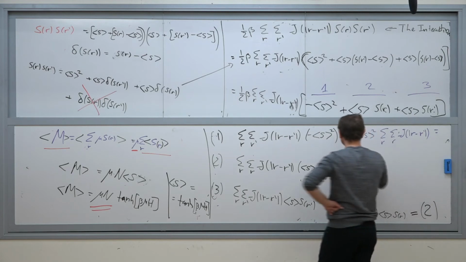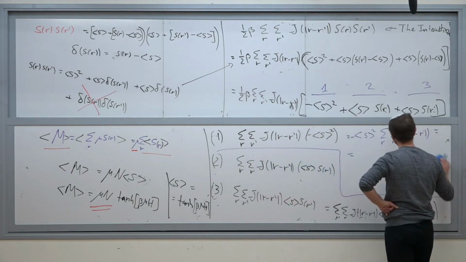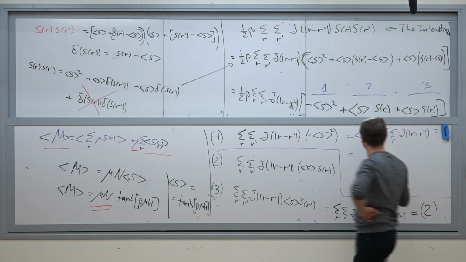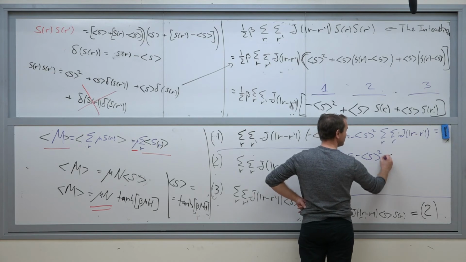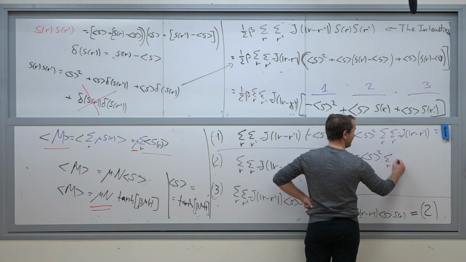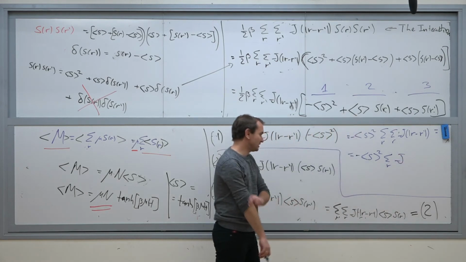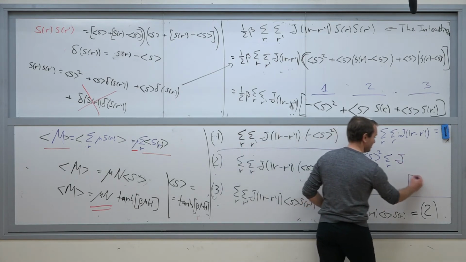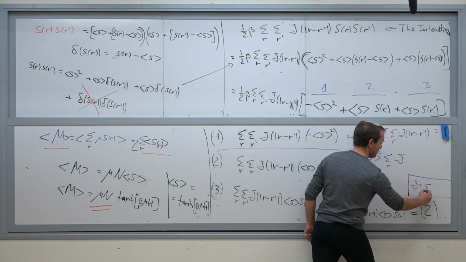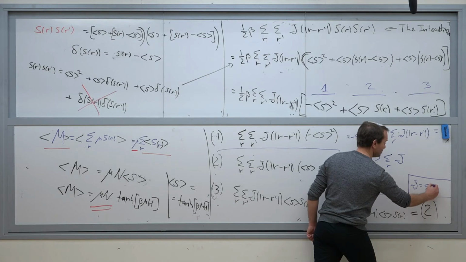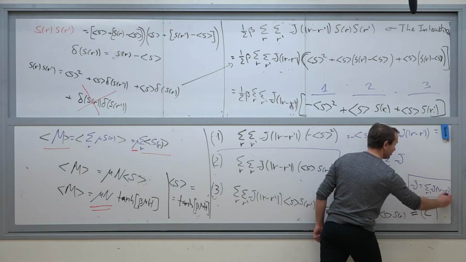But I know that a summation over r prime, so it's a sum of r, and here I have just simply j. What is j? J is a sum over r prime of j of r minus r prime.